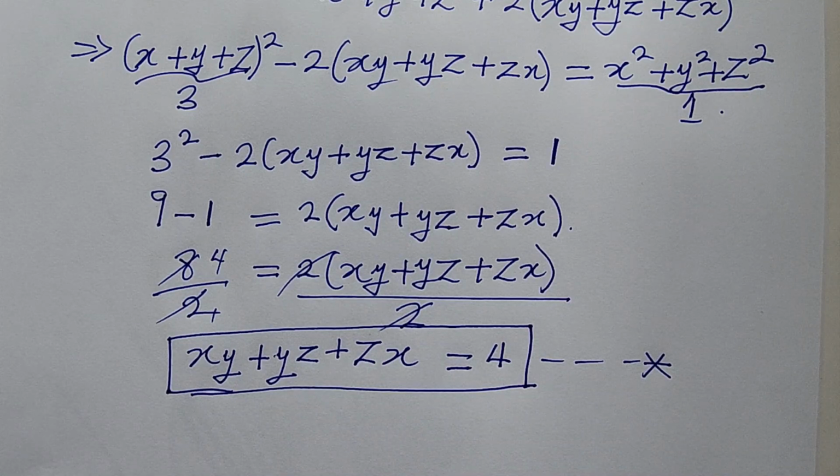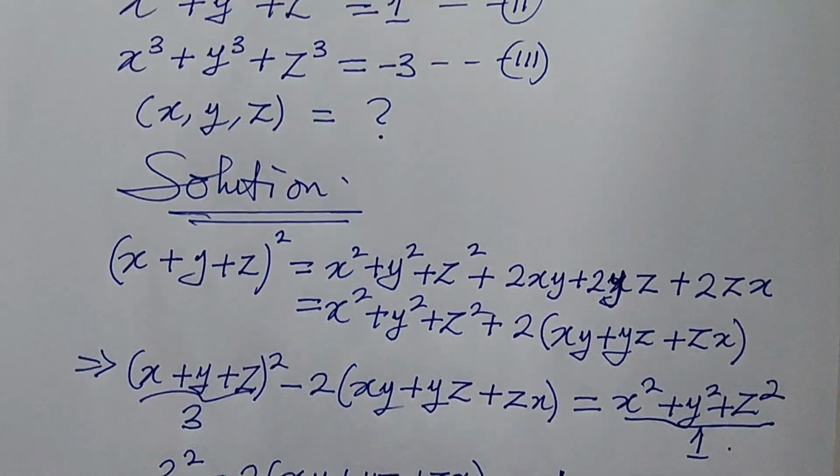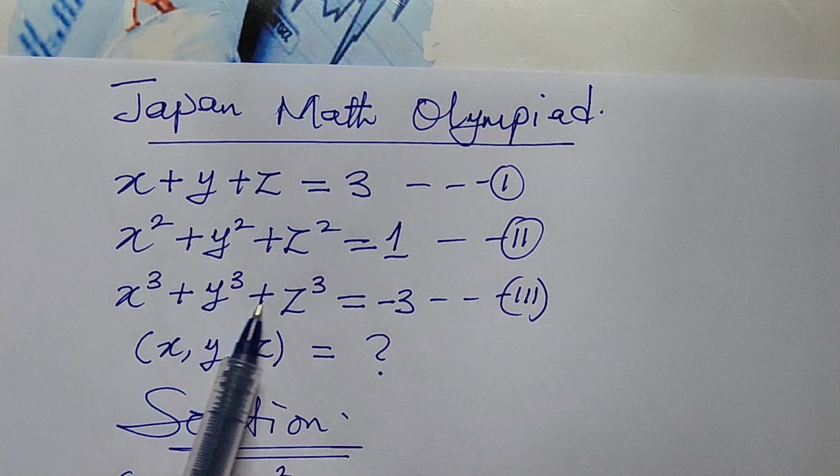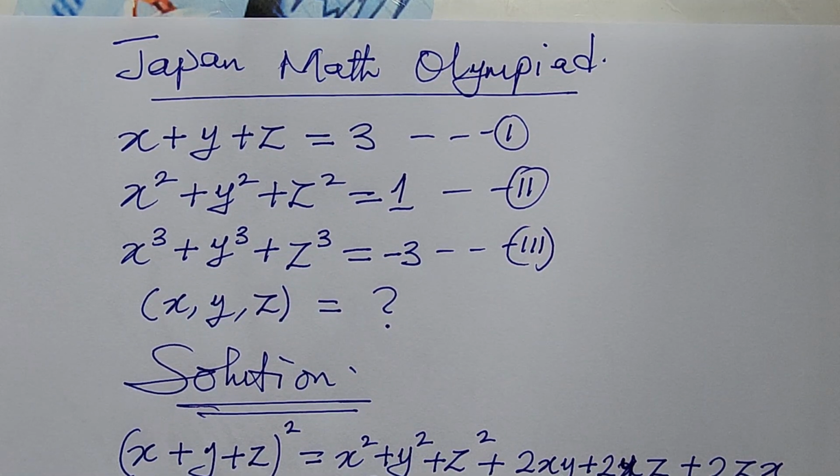Again, from our algebraic identity, look at this guy here. We can rewrite this from our algebraic identity.